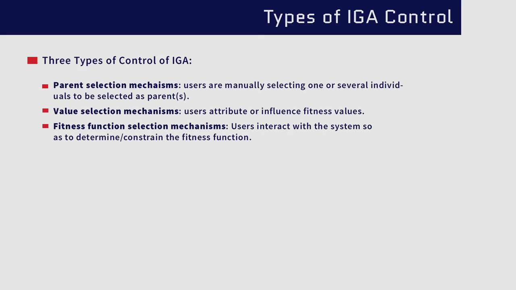We distinguish between three broad types of control. The first family of interaction mechanisms are parent selection mechanisms. In these systems, the users are manually selecting parents for the next generation. In some cases, it is a single parent that can asexually reproduce or mate with other individuals automatically.